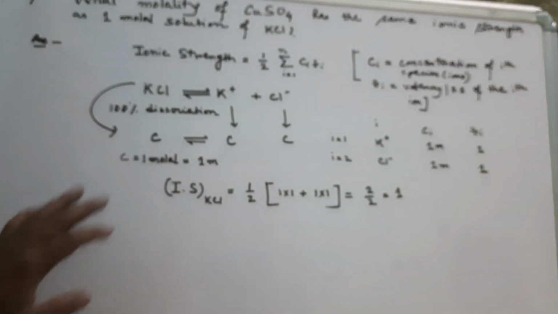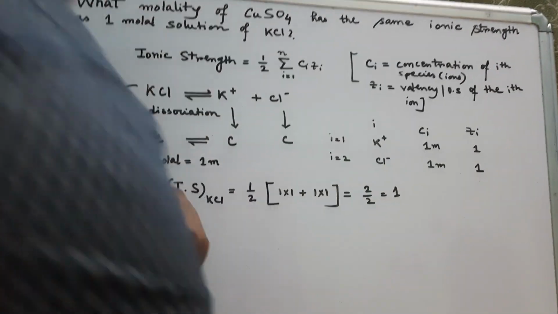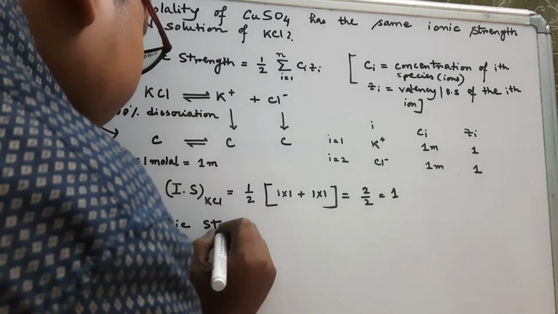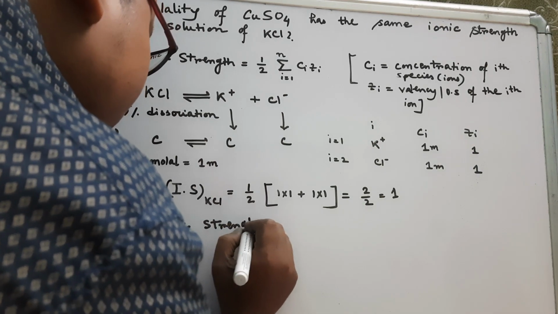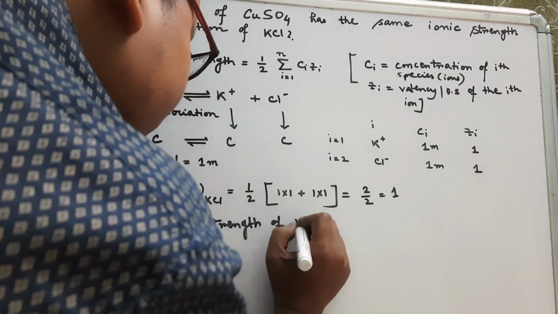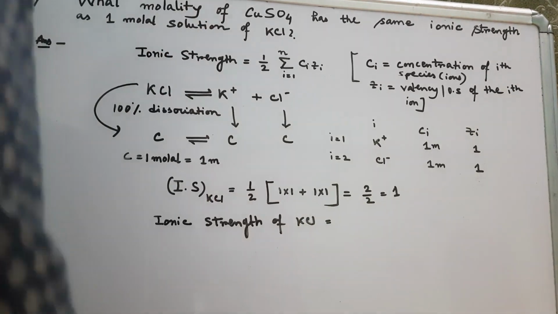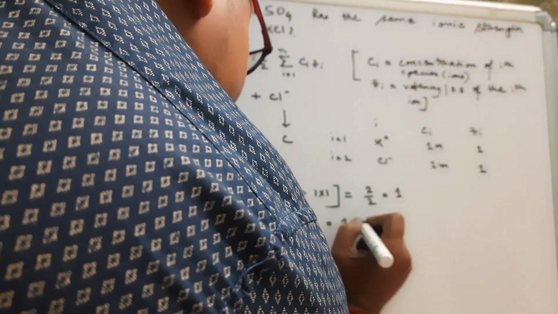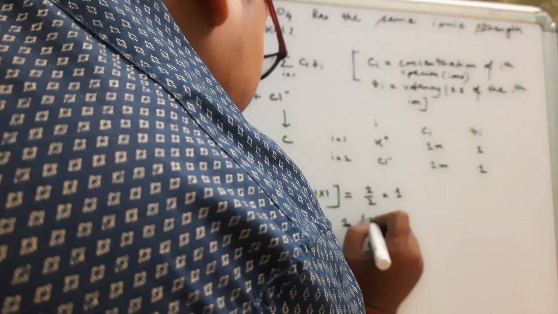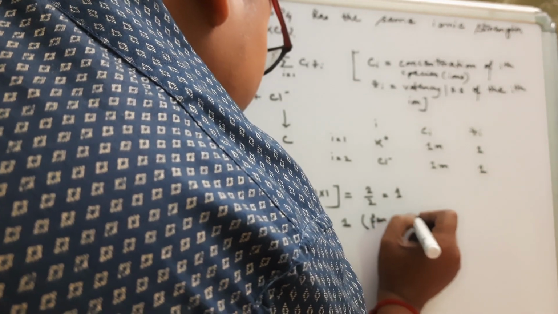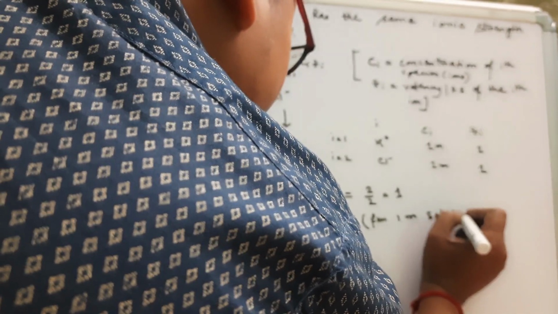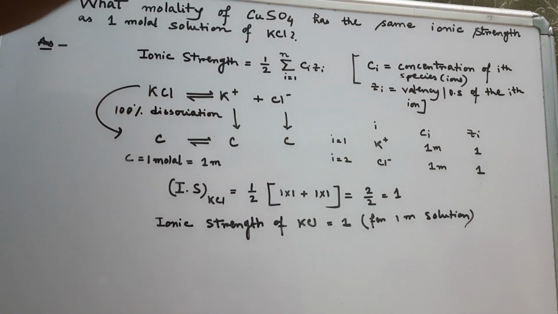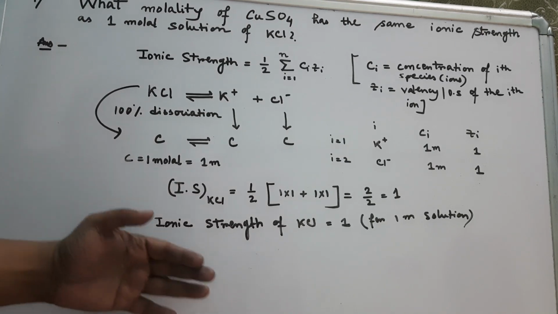So for a 1 molar solution, the ionic strength of KCl will be 1. Now we have to calculate the molality of copper sulfate when the ionic strength will be 1.